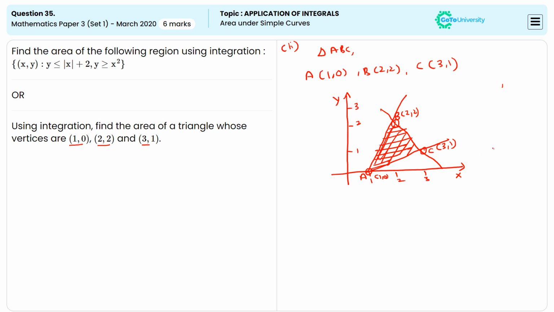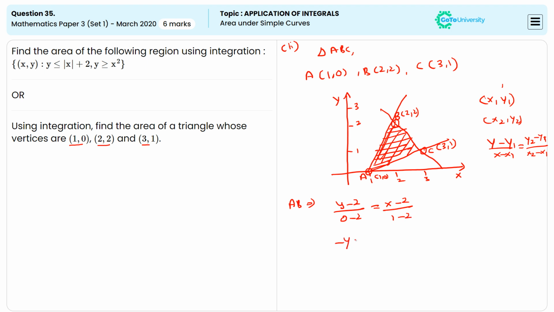We know that the equation of the line between the points (x1, y1) and (x2, y2) is (y minus y1) divided by (x minus x1), which is equal to (y2 minus y1) divided by (x2 minus x1). Now we will find the equation of the line segment AB, which is (y minus 2) divided by (0 minus 2), equal to (x minus 2) divided by (1 minus 2).